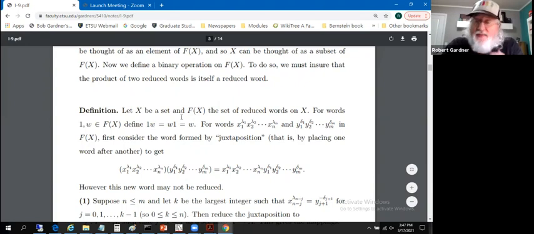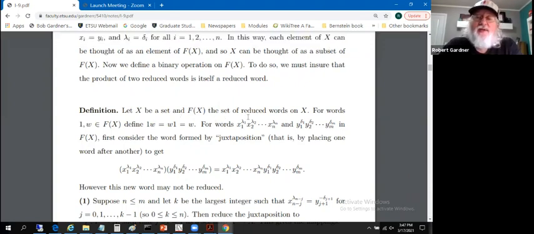So let capital X be a set, let F of X be the set of all reduced words on capital X. The words 1 and W in F of X: for these words define 1 times W equals W times 1 equals W. So that makes the empty word ultimately the multiplicative identity in this free group that we're creating.